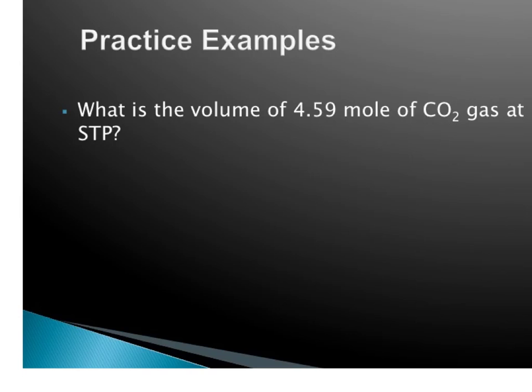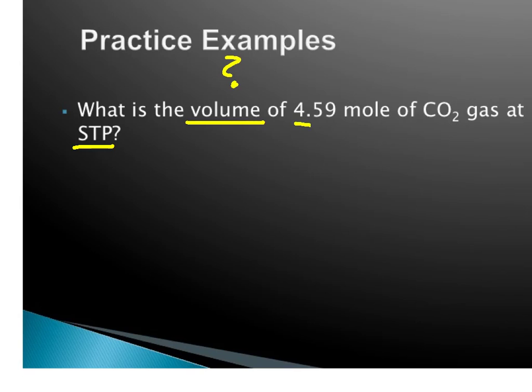Okay, in our next example, the question is asking us what is the volume of 4.59 moles of carbon dioxide gas at STP. So we see STP, we automatically know this is going to be something with the 22.4 liters. We also know that because the question is asking us for volume. The only conversion you've had so far that has to do with volume is the 22.4 liters. So, question's asking us for volume.